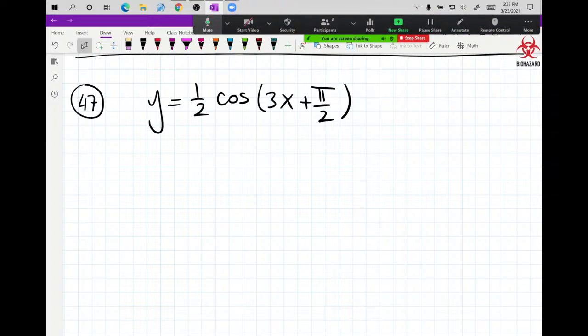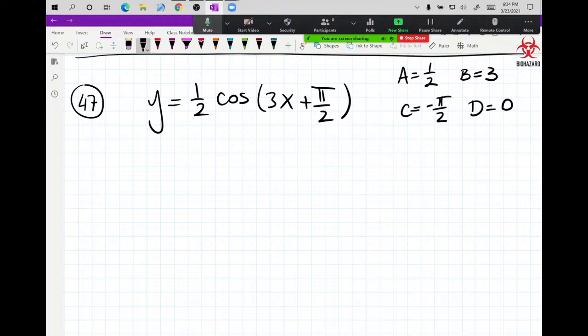All right, let's take a look at the full solution for the graph. We are going to pick our a, b, c again. Now b is equal to 3, c is equal to negative pi over 2, and d is equal to 0.